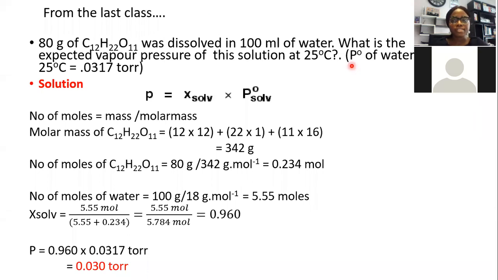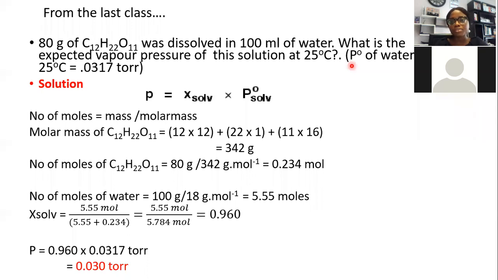Okay, so the first example was 80 grams of C12H22O11 was dissolved in 100 ml of water. So we have 80 grams of sugar dissolved in 100 ml of water. What is the expected vapor pressure of this solution at 25 degrees centigrade?